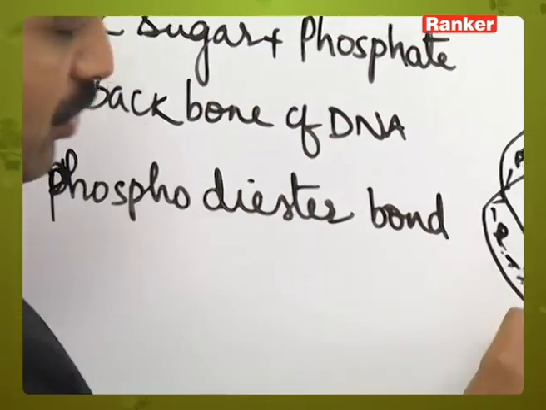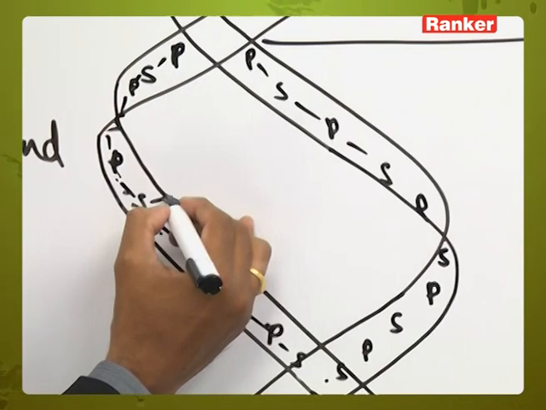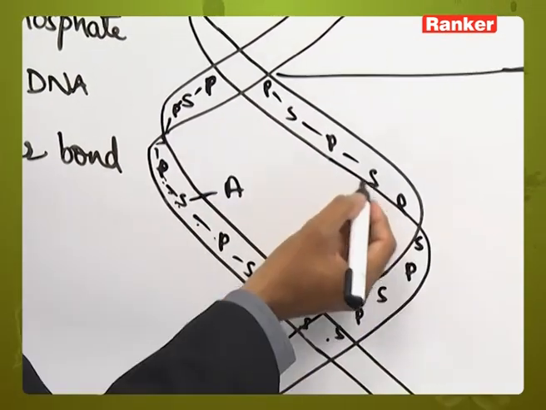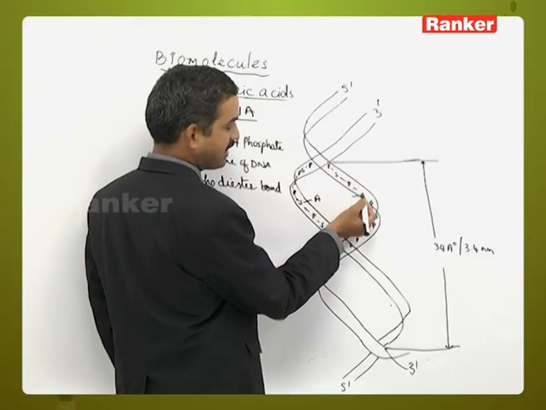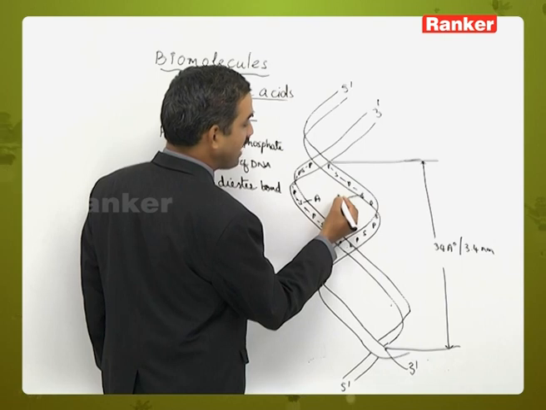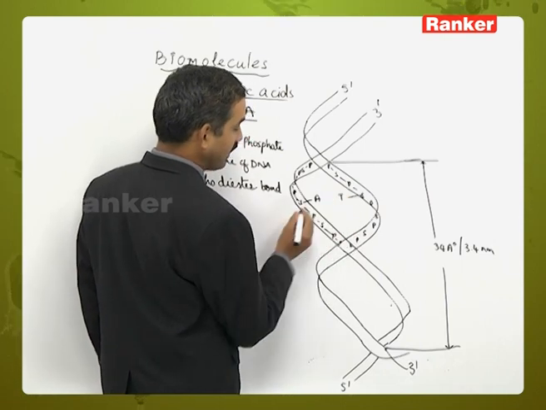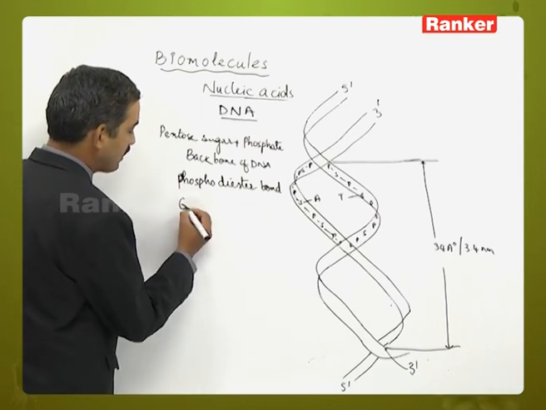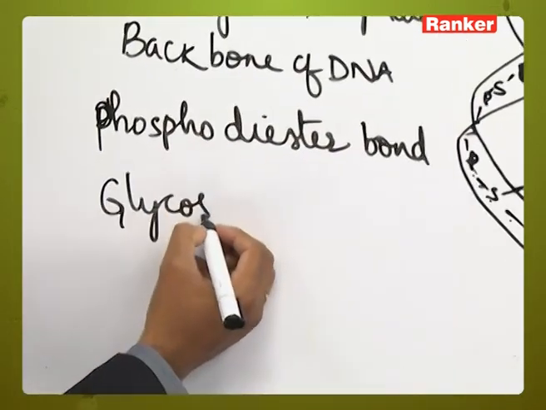And the pentose sugar is bound to the nitrogen base. So consider it is adenine. On the opposite strand of DNA, thymine is present, and the bond present between the nitrogen base and the pentose sugar is called a glycosidic bond.